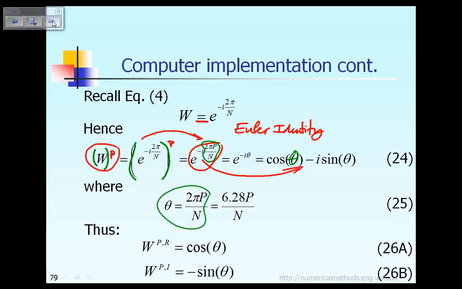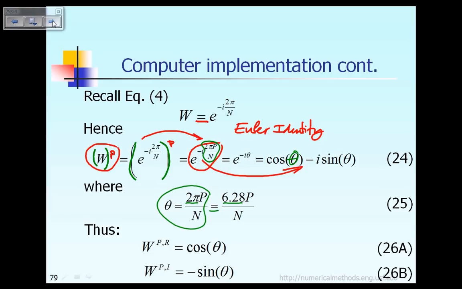The value of 2 pi is 6.28. So the angle theta, according to equation 25, is defined as 6.28 times capital P over N.